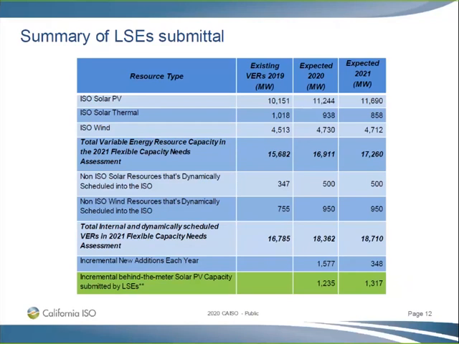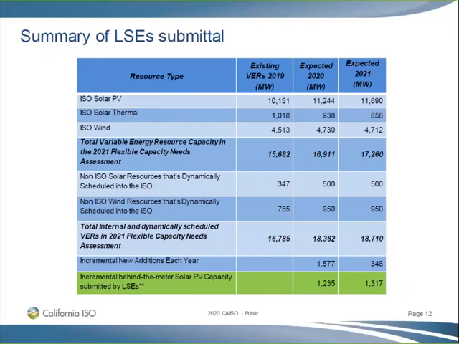So the total internal and dynamically scheduled resources that went into the analysis is shown in the third to last row. That's 16,785 in 2019, and then for the 2021 study, it's 18,710 megawatts.